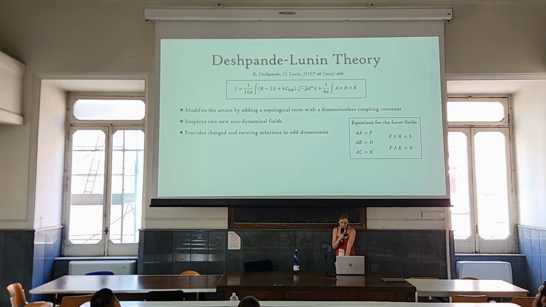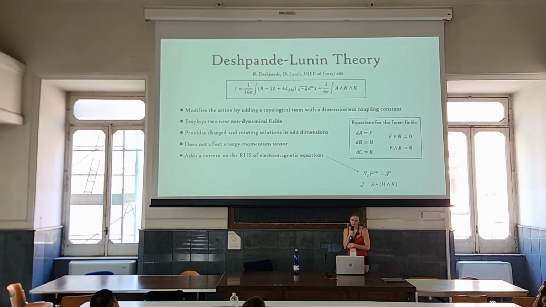Because the new term is topological, it doesn't modify your energy momentum tensor, so your Einstein equations are still the same. What is modified is your Maxwell equation, the equations of motion for the electromagnetic field, because instead of 0 on the right hand side, you pick up a current which can be calculated from H and K.